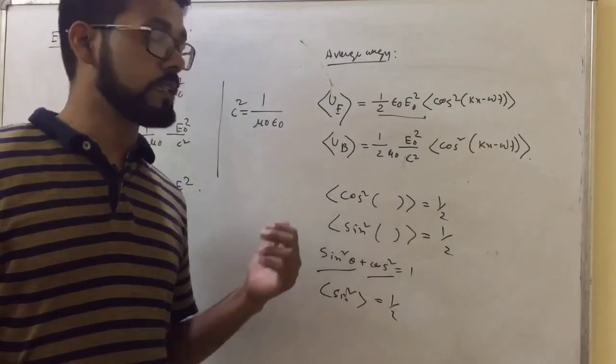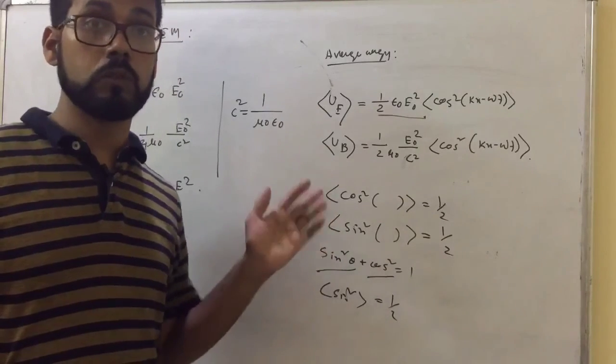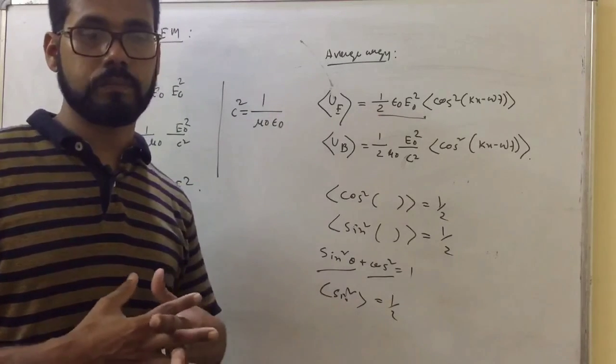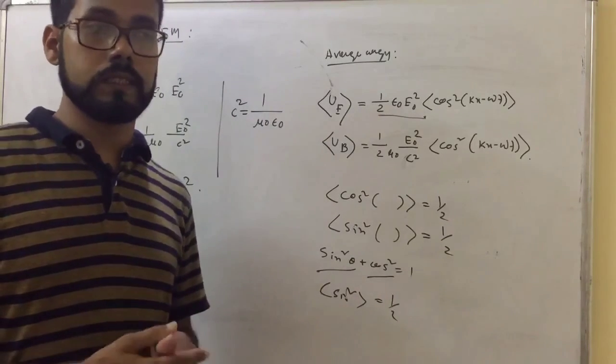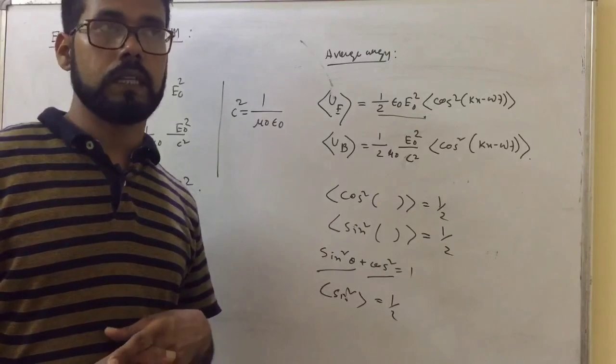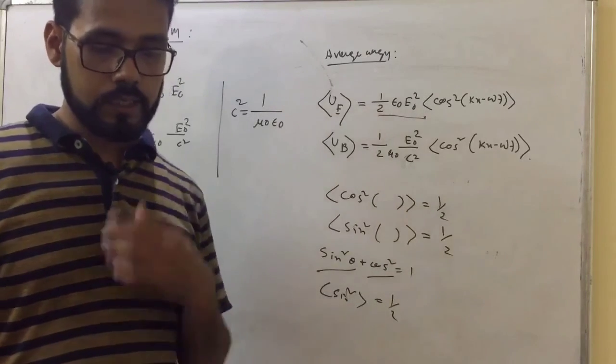Then we have to understand the solution of the electric field and magnetic field, which are the solution of the wave equation in that coordinate system. In the next class, we'll discuss how the coordinate system is related to describing the behavior of the electric field and magnetic field through a particular medium. We will discuss later. Okay, thank you.